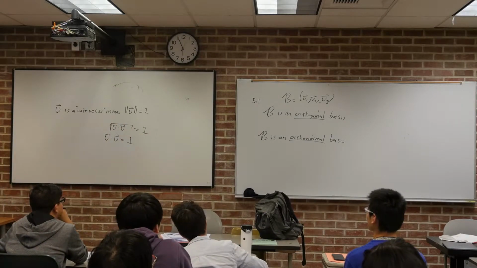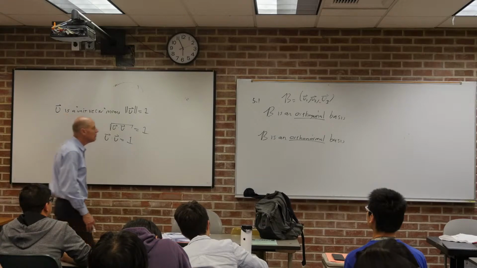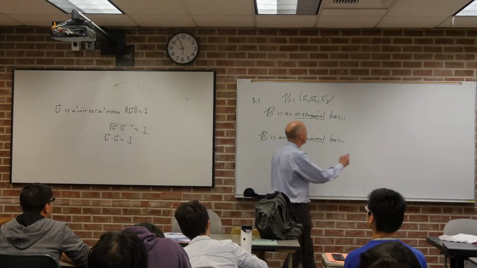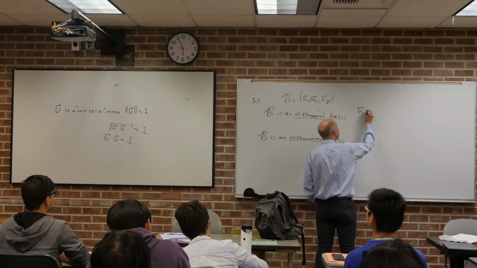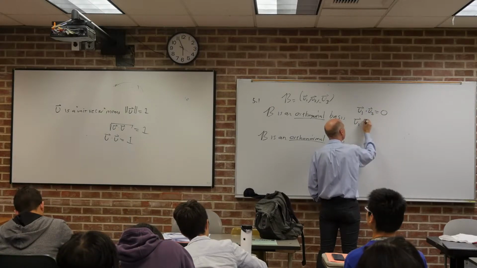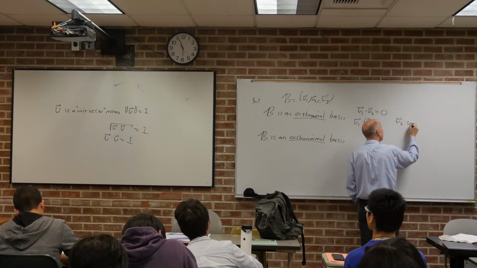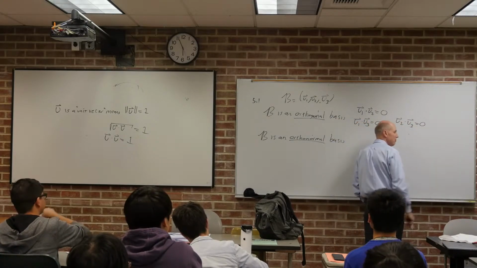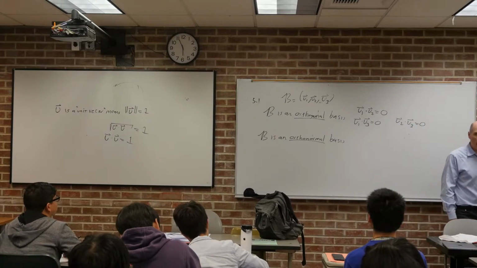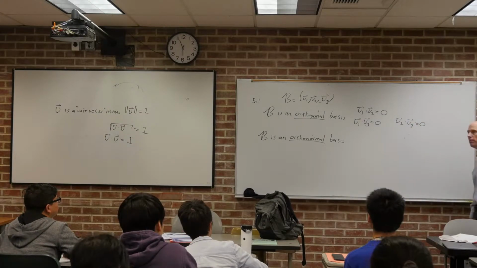So two words: some bases are orthogonal and some bases are orthonormal. Orthogonal means U1, U2, and U3 are all perpendicular to each other.